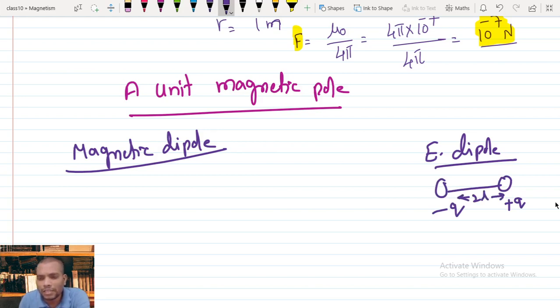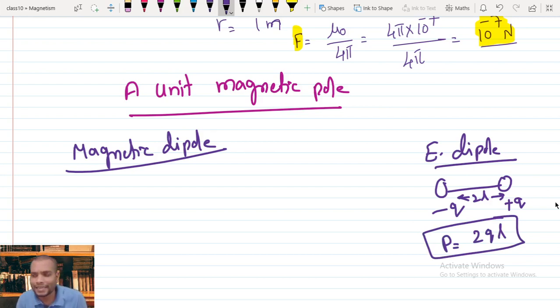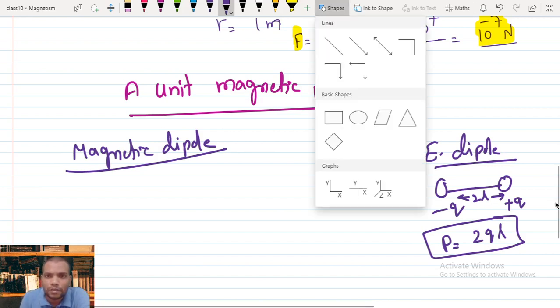This setup we call an electric dipole, and it has a dipole moment P equal to the product of charge and dipole length. Likewise, we define a magnetic dipole as an arrangement of two equal and opposite magnetic poles separated by a small distance.